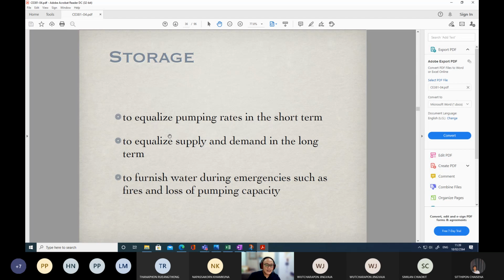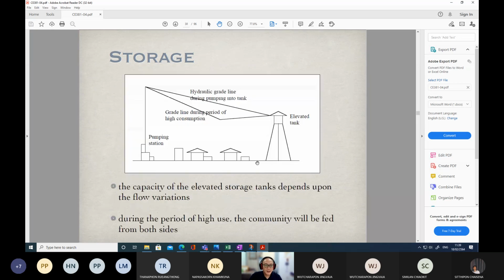Of course, we use it to equalize supply and demand. Sometimes the storage is used as elevated tanks to maintain the pressure or the head. This is the pumping station, and this is the elevated tank.